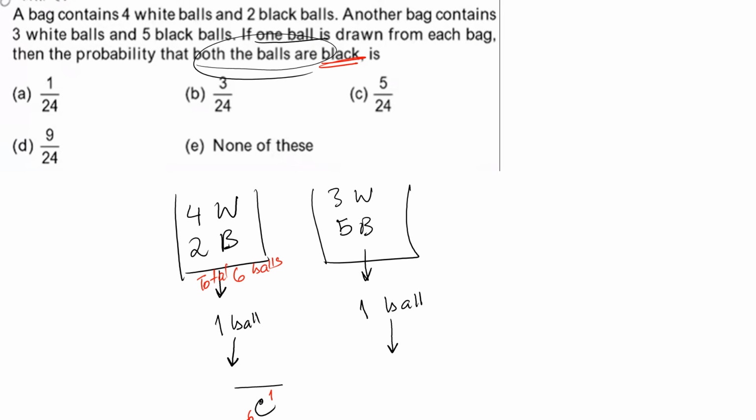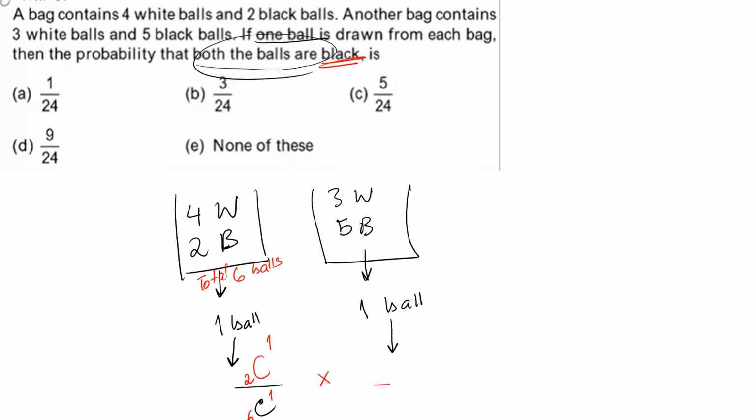So selection of the black from the black balls. So one ball has to be black. It means out of the 2 balls, one ball will be black. Times. Why times? Because from each bag you have to select one ball, and you have to draw 2 balls in total.